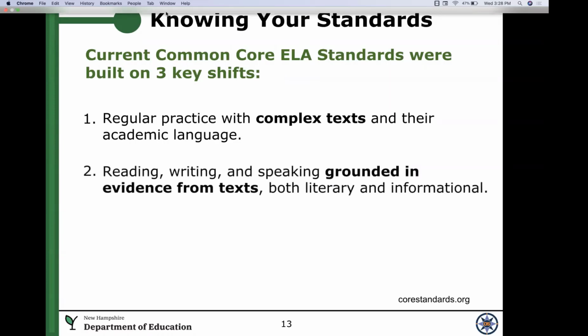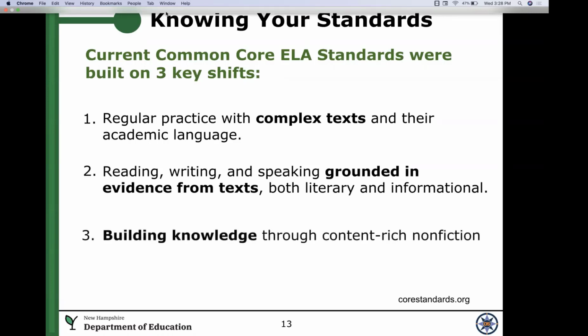Finally, something that you purposely won't see in these standards is any type of text names or specific strategies. The ELA standards are really meant to be mastery checkpoints and not the roadmaps for getting there. So the what and how of instruction is left to the districts and the teachers to make sure they're getting to that end goal.